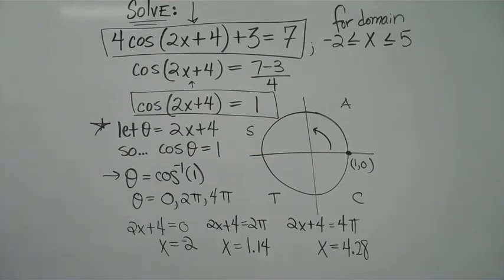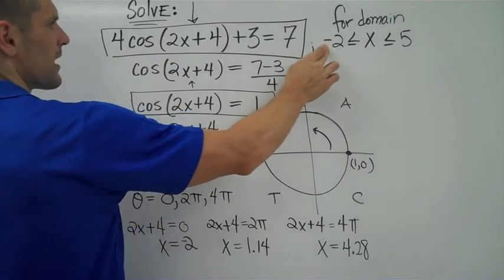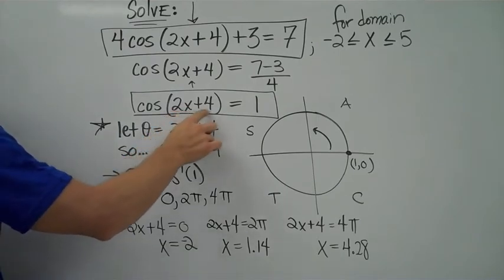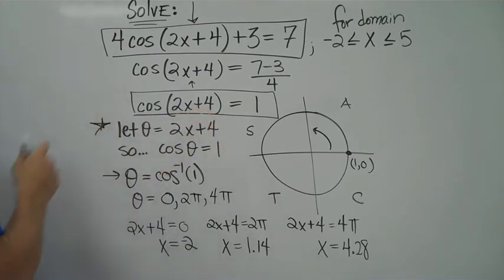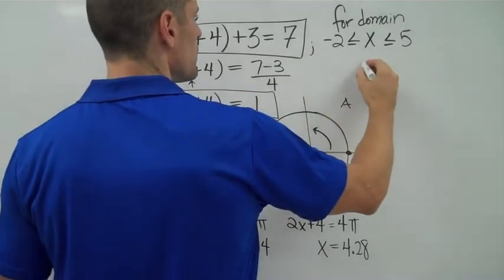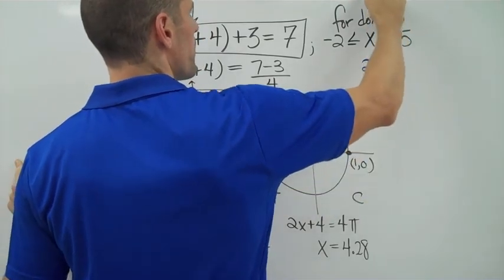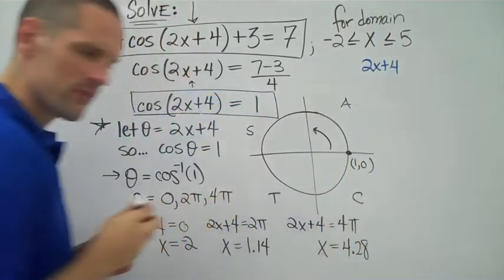Well, one thing we can do is look at the domain. I know x is between negative 2 and 5. But I want to know, where is theta? Well, theta is equal to 2x + 4. So if x is between negative 2 and 5, what is 2x + 4?